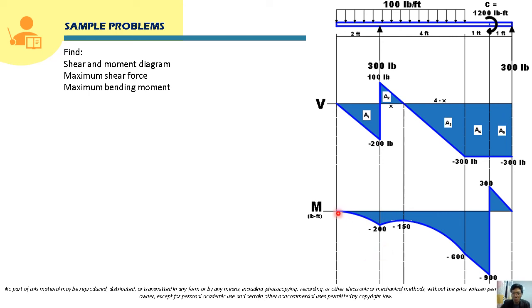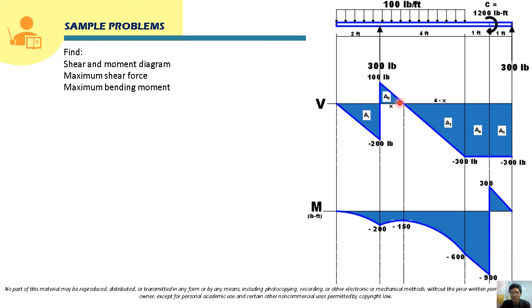So from this point to this point, from the shear diagram, this is a triangle. So the moment here, class, will be parabolic. The curve here will be concave downward, since the shear here is sloping down. Also here, from this point up to this point, we are going to connect this also.